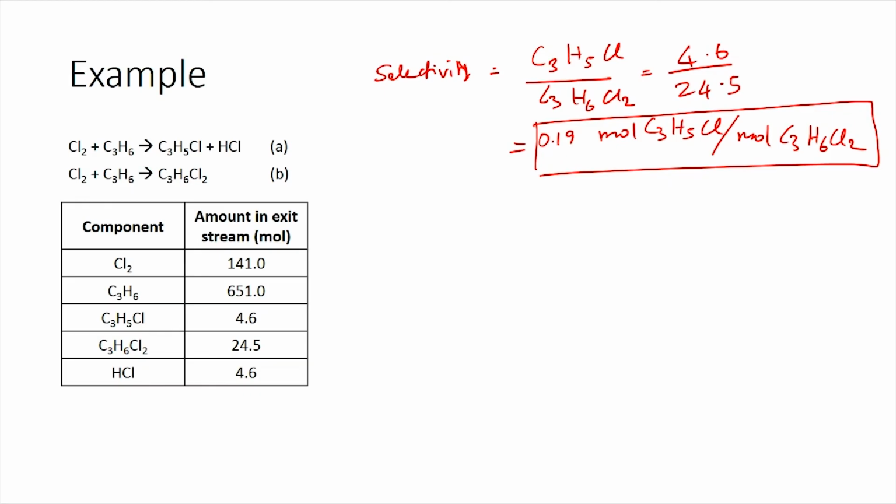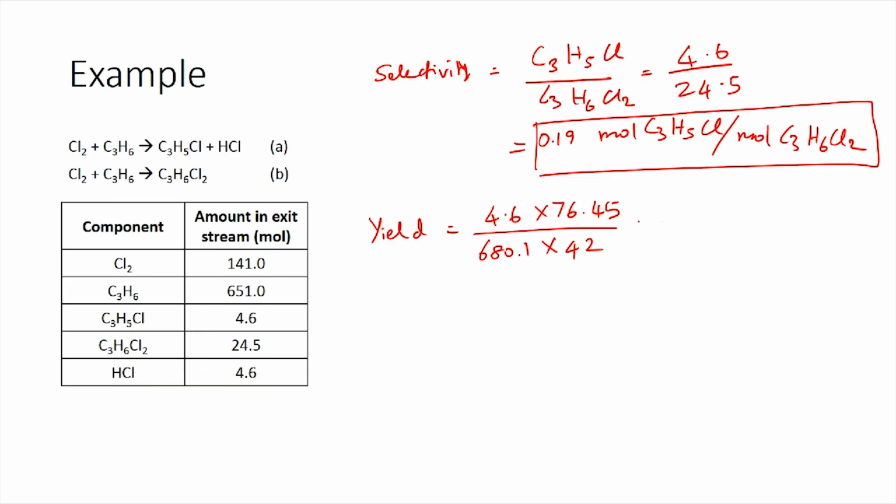So, the next part of the problem is to calculate yield. It has also been stated clearly that you have been asked to calculate yield in terms of grams of product formed per gram of reactant fed. Based on this, we will calculate the yield as 4.6 moles of the product C3H5Cl which is formed times its molecular weight, which is 76.45, divided by 680.1 moles of C3H6 which has been fed times 42, the molecular weight of C3H6.